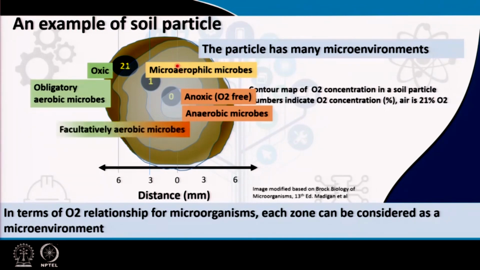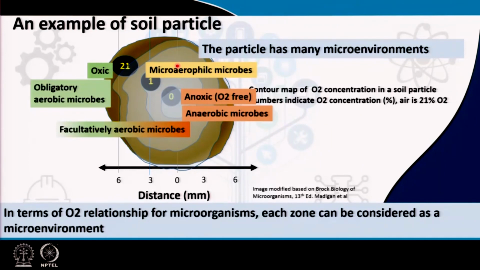Facultatively aerobic microbes, who can switch to anaerobic metabolism very well, and can also perform aerobic metabolism, will be spread across the soil particle.